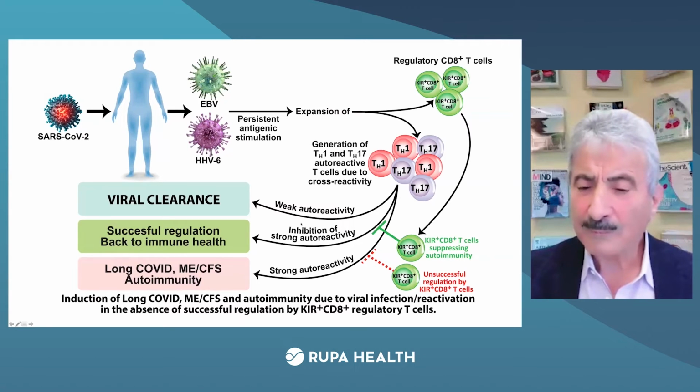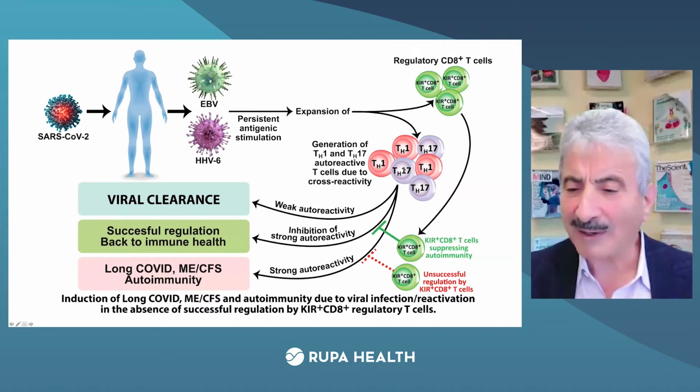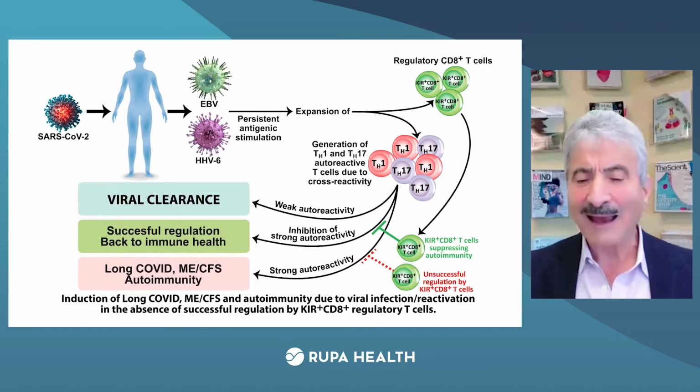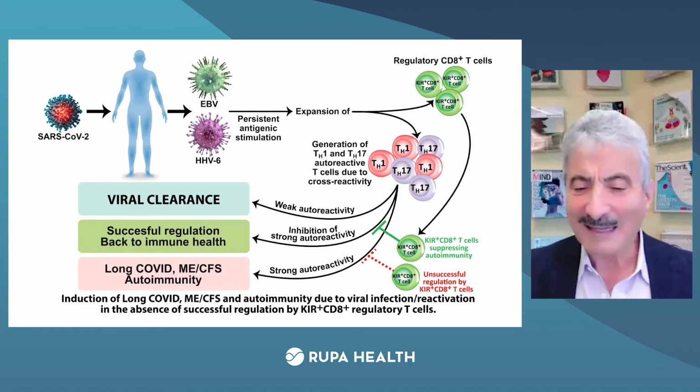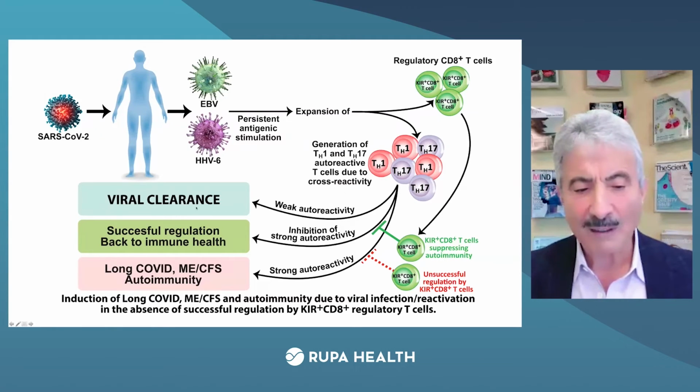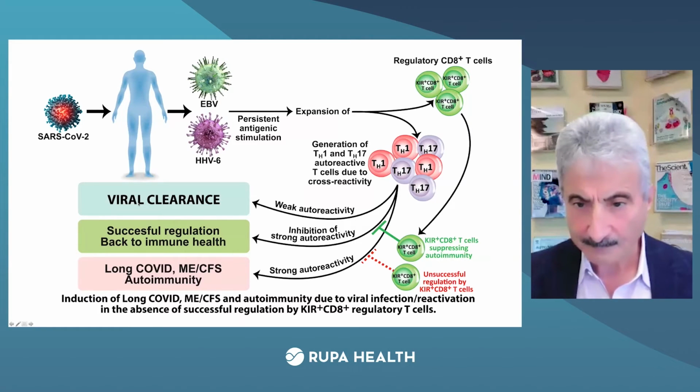So now, because T helper 1 and T helper 17 are autoreactive lymphocytes, meaning they have the capacity to attack our tissue, it depends on the degree of their autoreactivity. If their autoreactivity is weak, the virus is going to be cleared from the system.